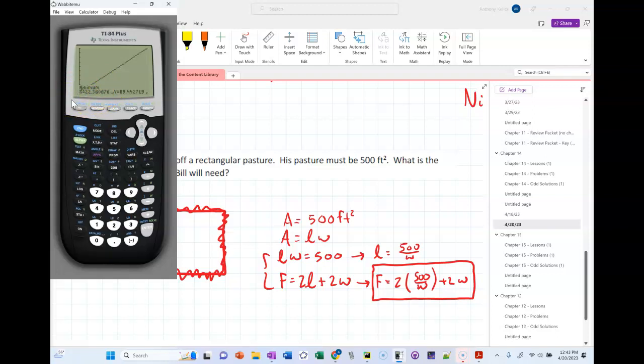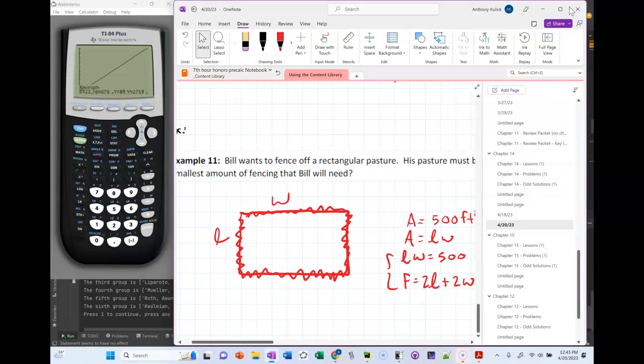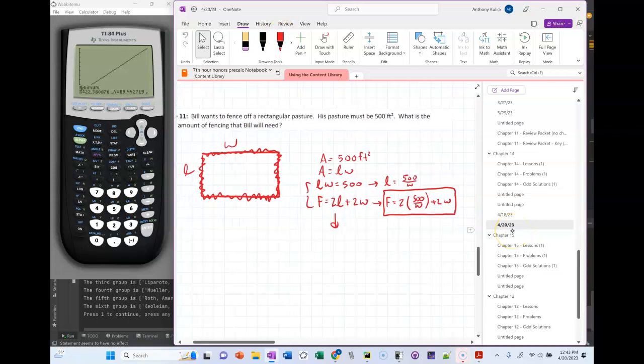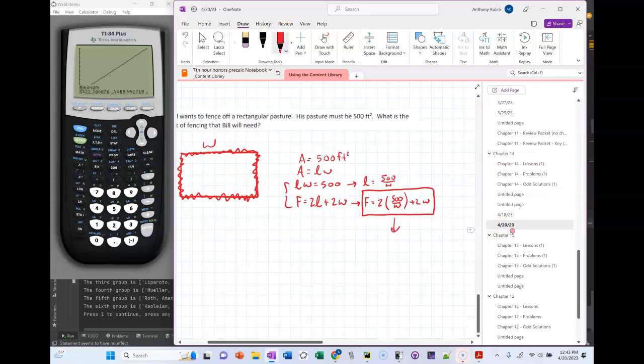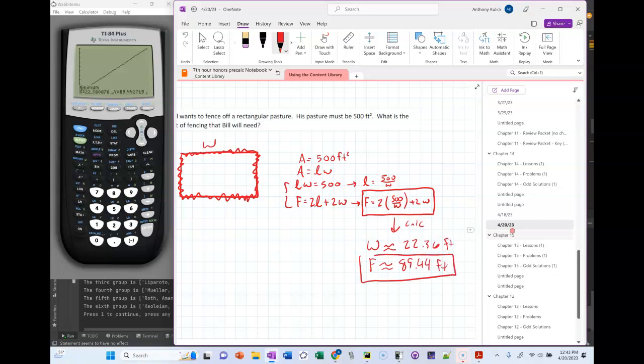And the height, or the fencing should be 89 and change there. And this is the answer, because that's the amount of fencing. That's the perimeter.